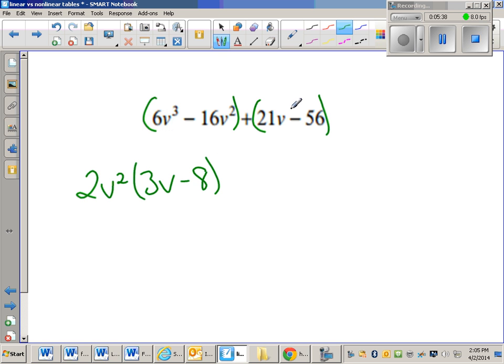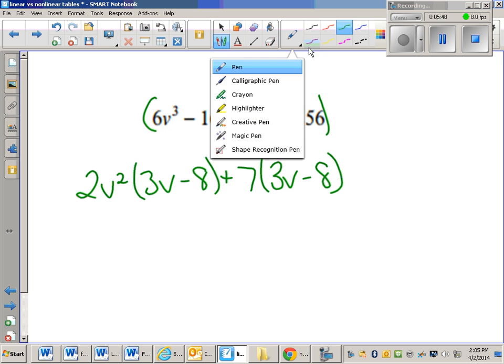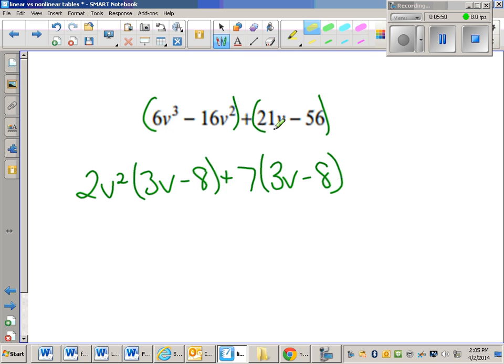Then I see what I can pull out here. Looks like a 7. So the greatest common factor of 21 and 56 is 7, which leaves me with 3v minus 8. Aha! Something important has happened here. These need to be the same, and they are, so I know I've done this right.